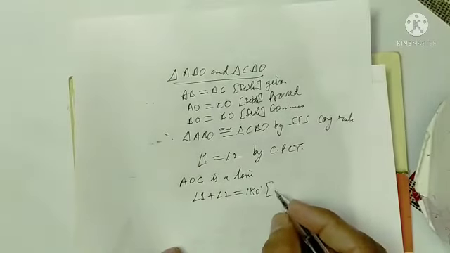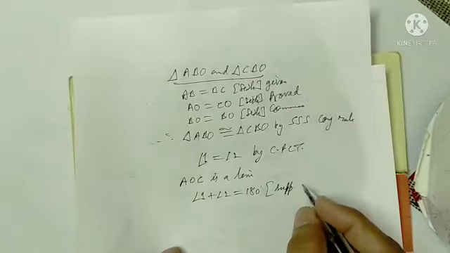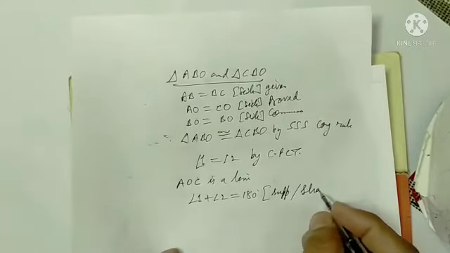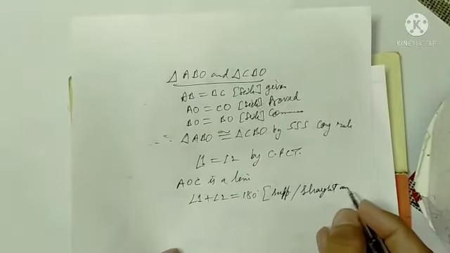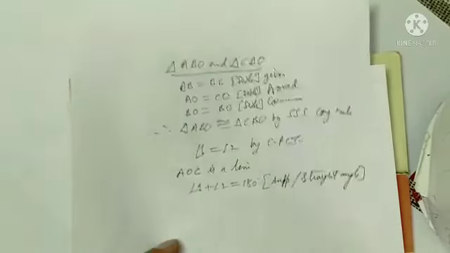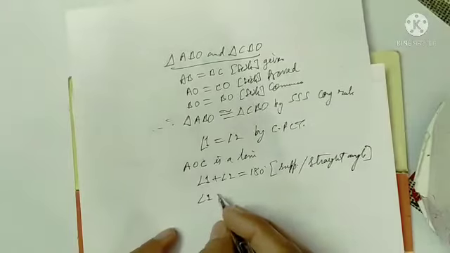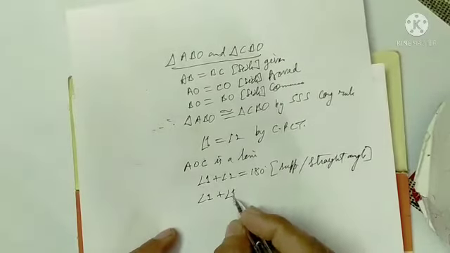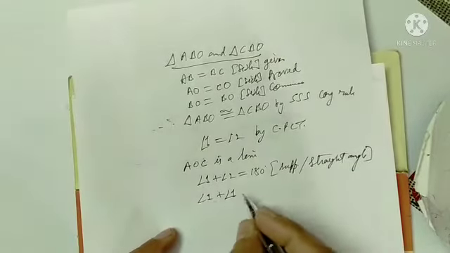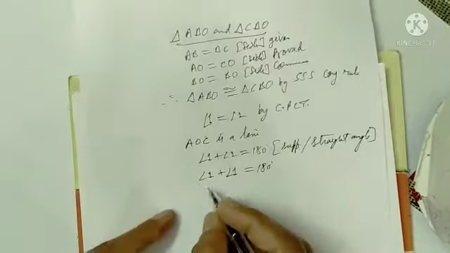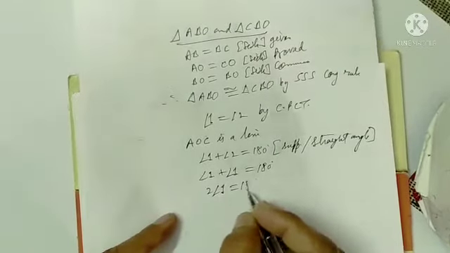Since both are equal by CPCT, angle 1 plus angle 1 is equal to 180.